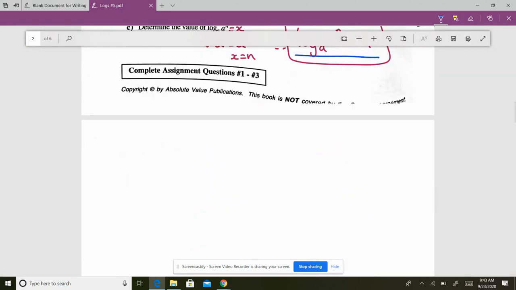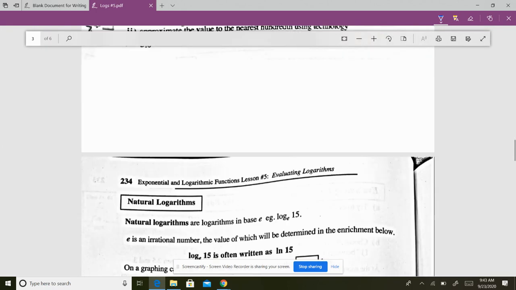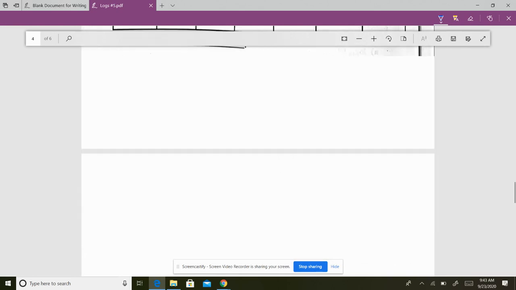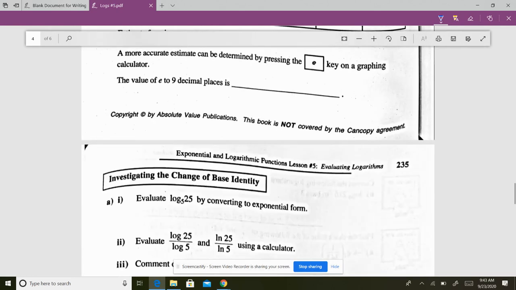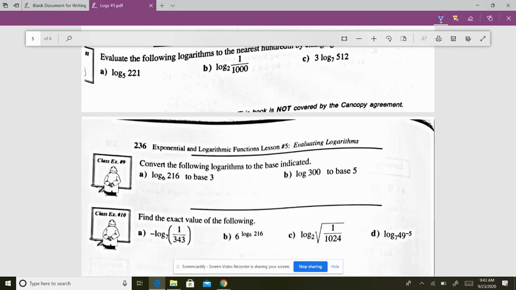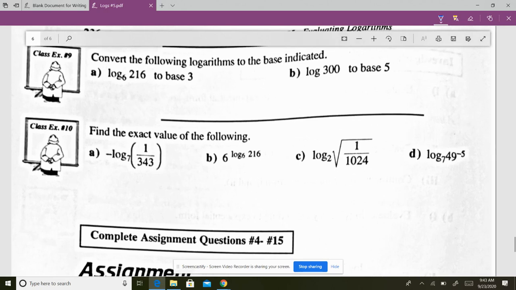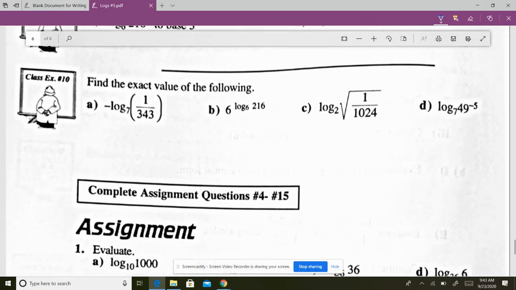I know this is pretty different, but it's a very valuable skill. These guys right here. Find the exact value of the following. So we're doing the skills that we know.